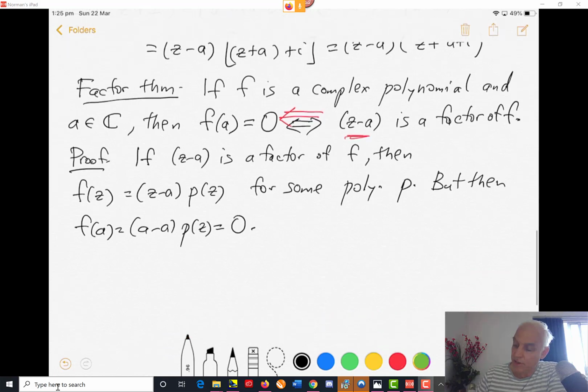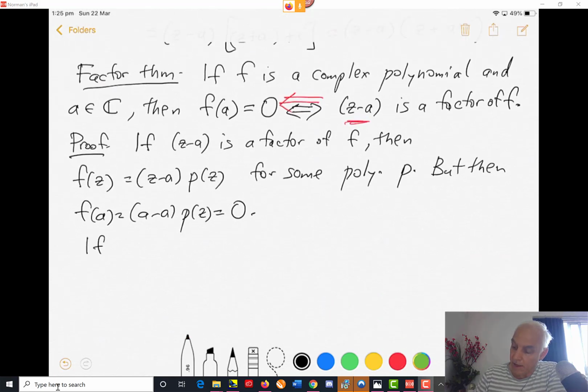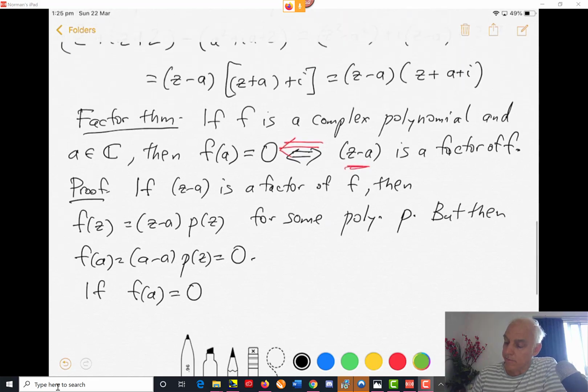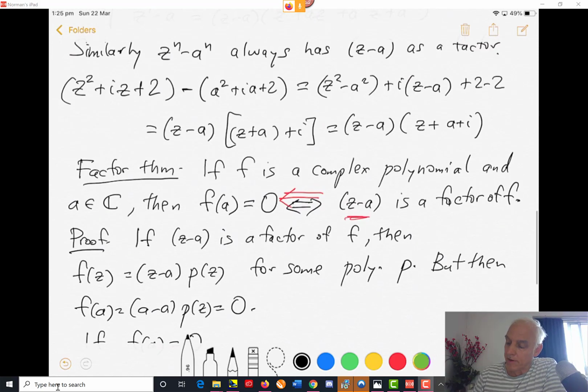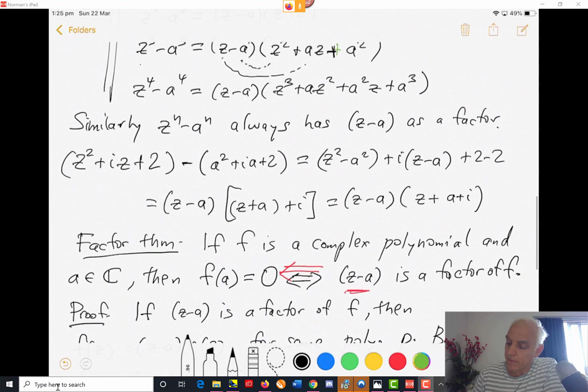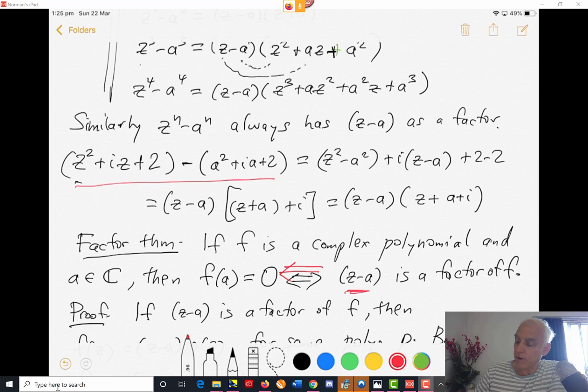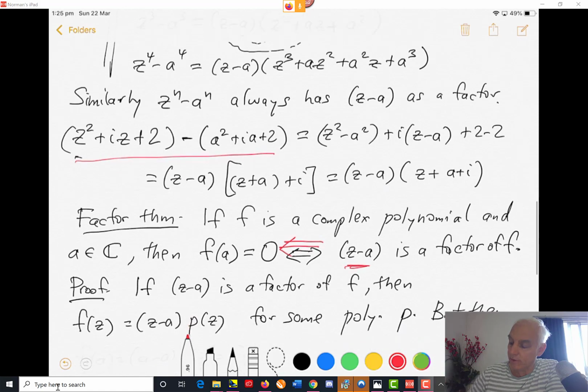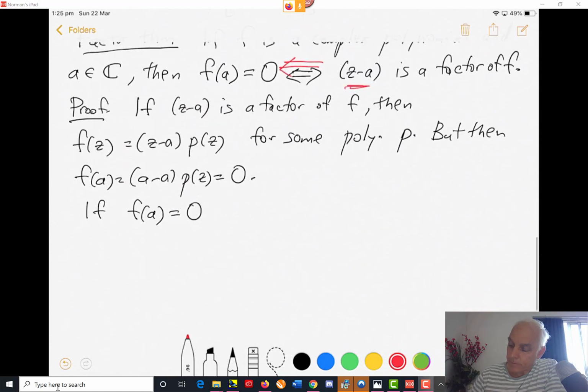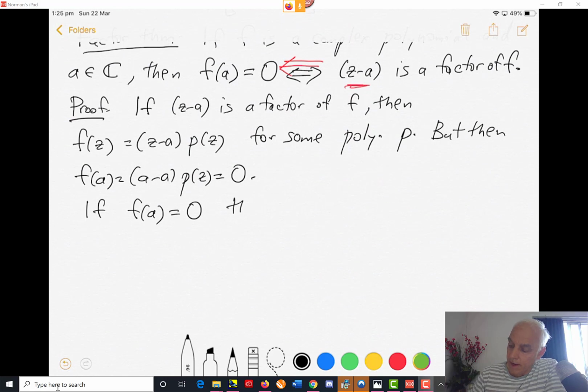Now in the other direction, if f of a equals 0, what we can do is we can apply this kind of expression that I've given a special case for here. So what we're going to do is we're going to consider f of z minus f of a.